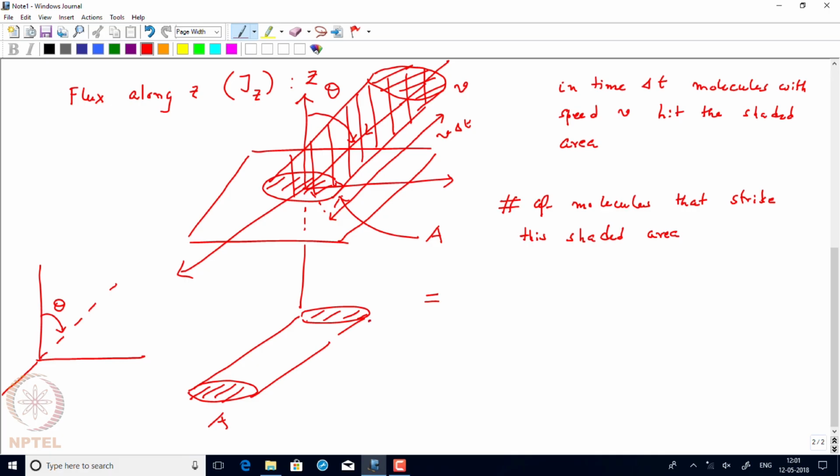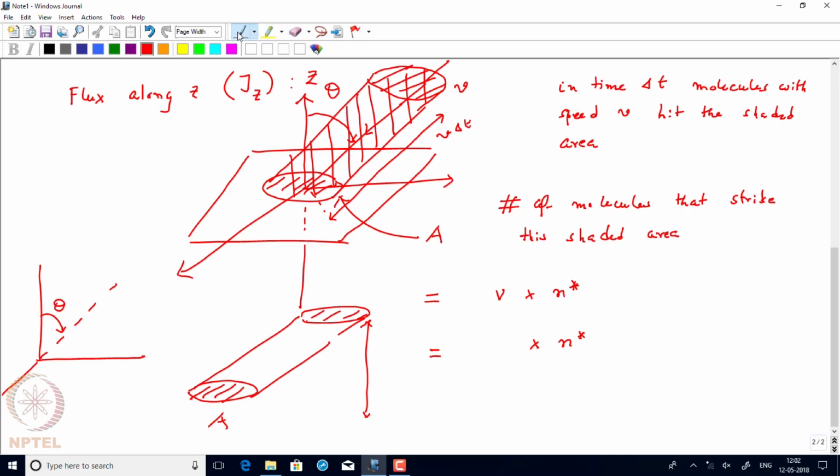So the vertical height of the cylinder we can easily calculate. If the distance is v into delta t, the vertical height will be v into delta t into cosine theta. So the volume of the cylinder times the density of the molecules will be nothing but V times n star. Let me replace the V first.